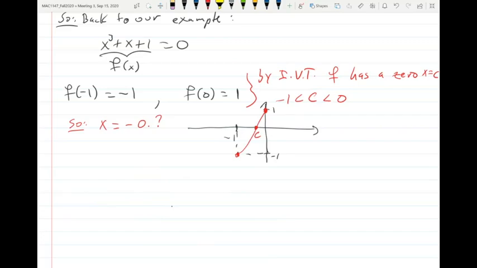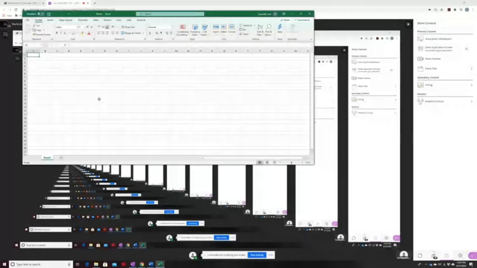Let me share my screen. Let me open up Excel. And again, I'm taking this time first of all to show you that in practice, if a polynomial comes your way and you want to figure out a 0, you need to understand that it may not be possible for you to find it exactly, but maybe you can approximate it, and you can always use what I'm doing right now.